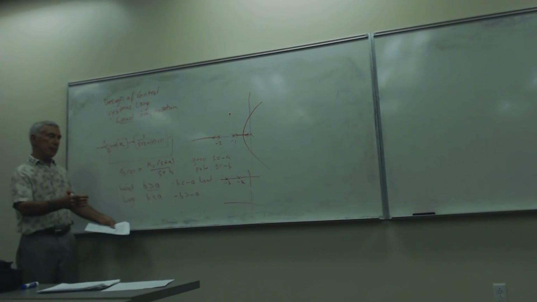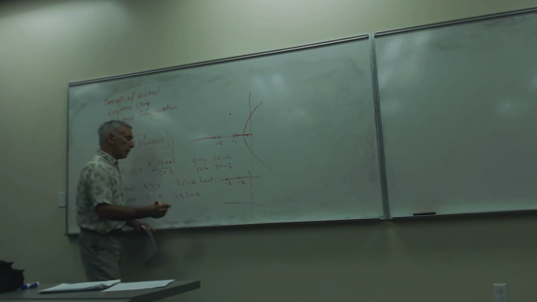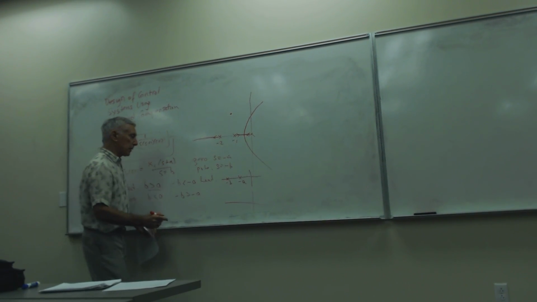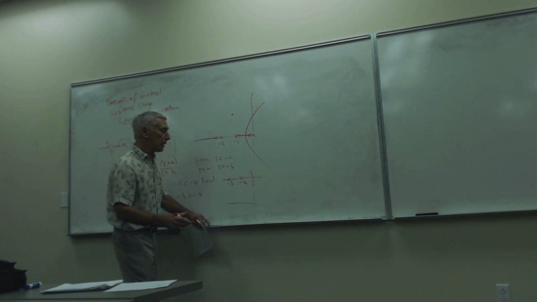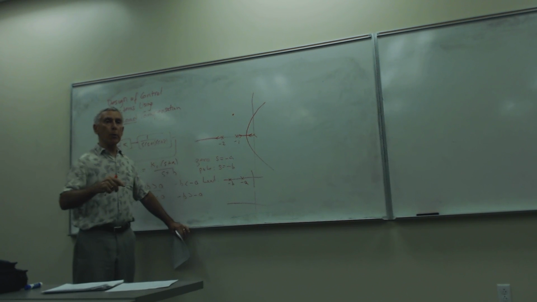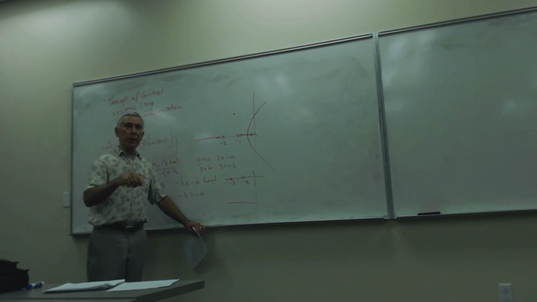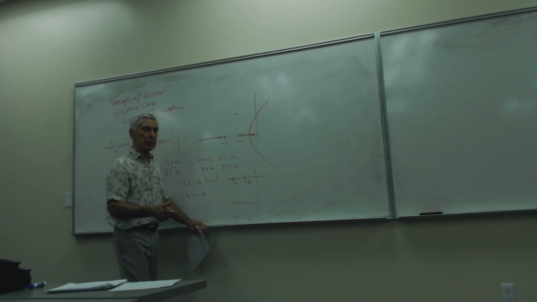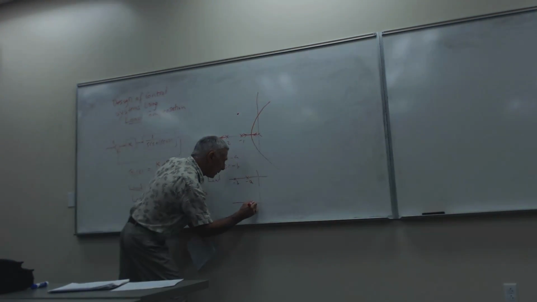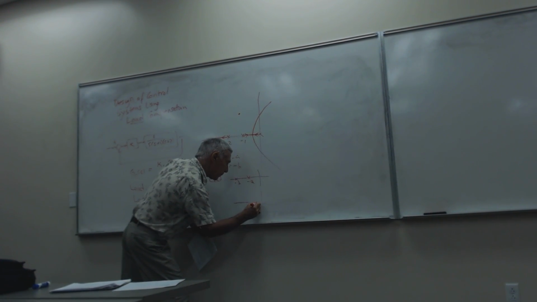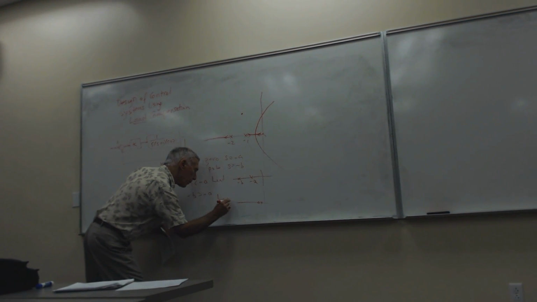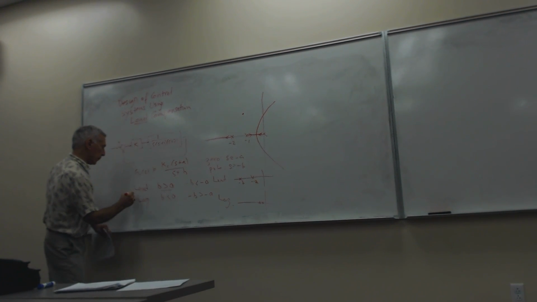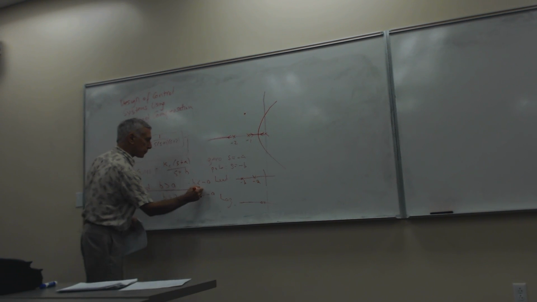Over here for the lag compensator, we'll see when we do the lag compensator design that we're going to be placing the pole and zero close to the origin. We'll talk about that, but here it would be a zero and a pole. That would be for the lag compensator. So we have this dividing line here.